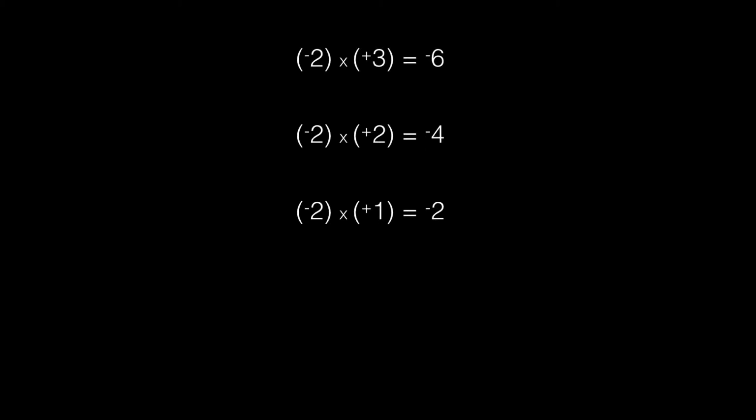Again, we could even use chips to show negative 2 times positive 1 equals negative 2. Finally, with the zero property of multiplication, students should already understand that negative 2 times 0 is 0.